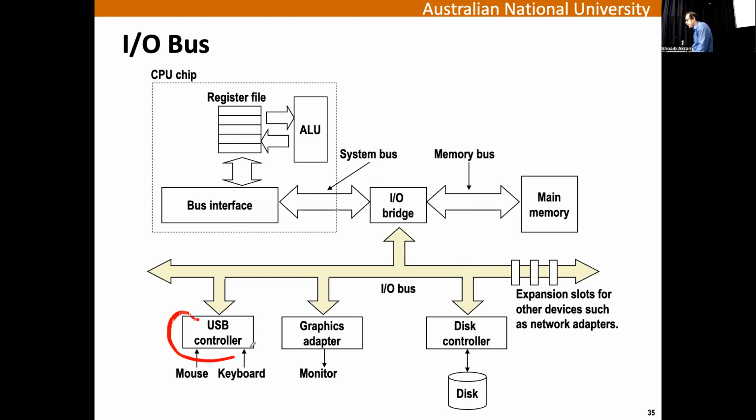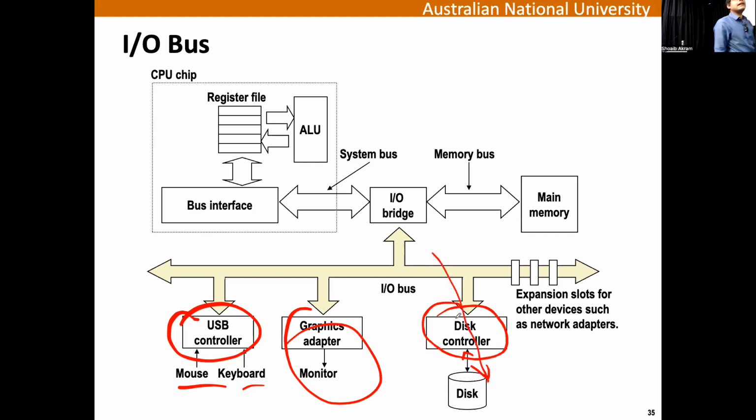So we have our USB controller with mouse, keyboard, graphics adapter, monitor. This controller is actually a communication channel between the I/O bus and the disk. And there are different communication protocols. You might have heard of SATA, SCSI.